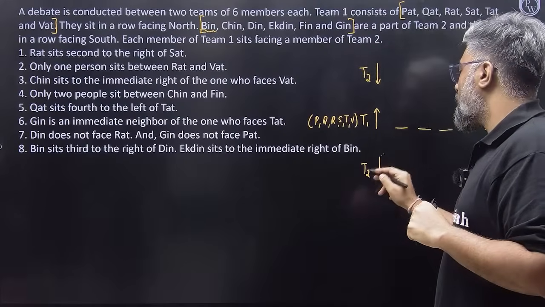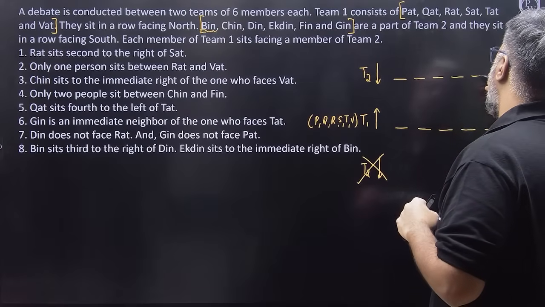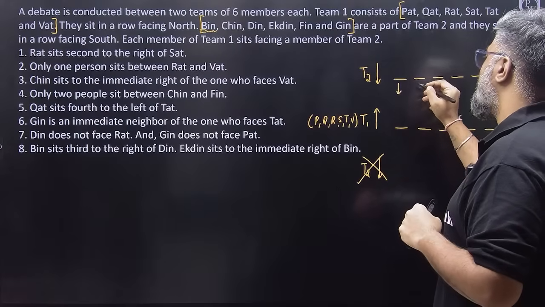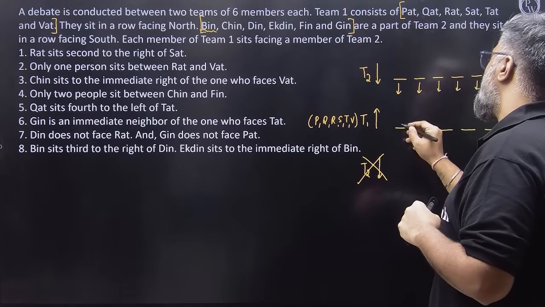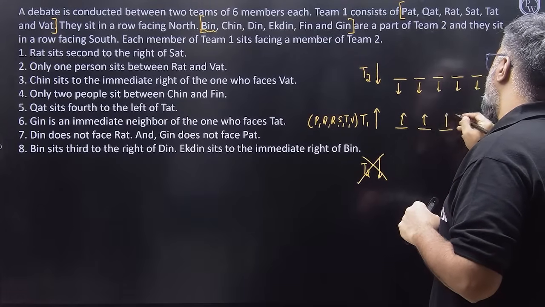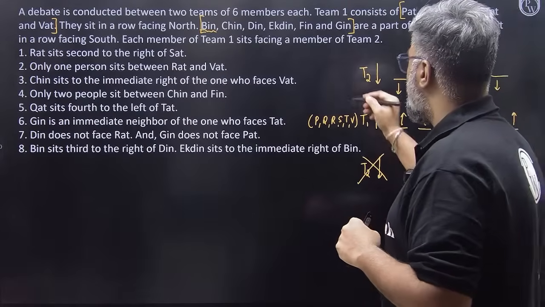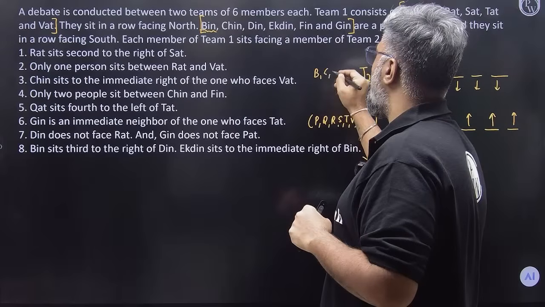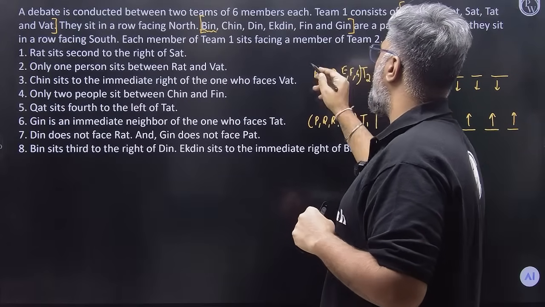So will this be possible? No. Team 2 has to be like this. 1, 2, 3, 4, 5, 6. These guys are facing like this. And these guys are facing like this. Okay. Cool. So who's here? B, C, D, E, F, G. Alright. Done.